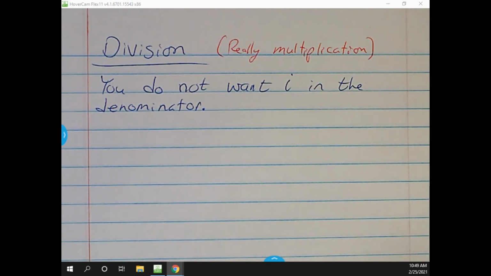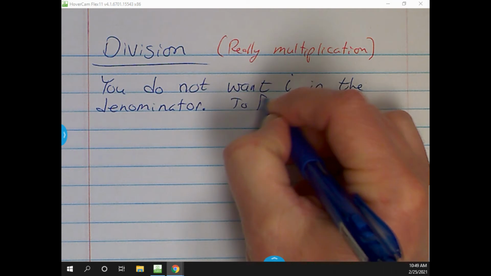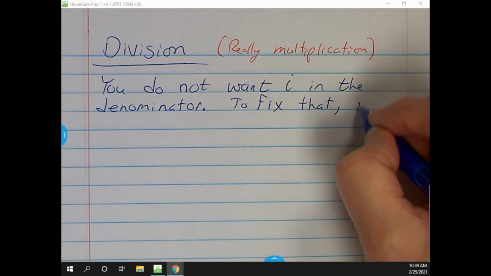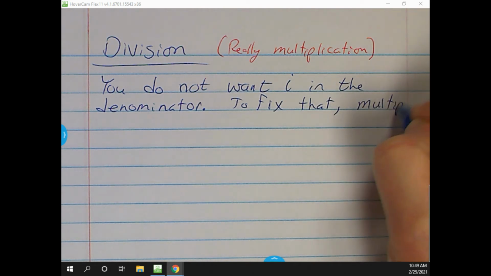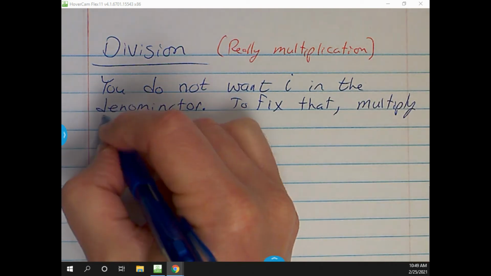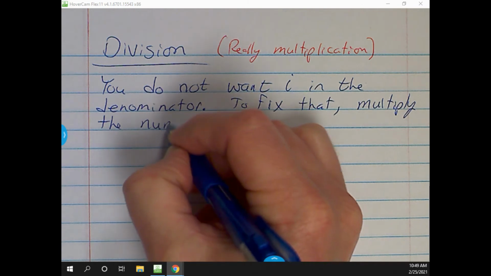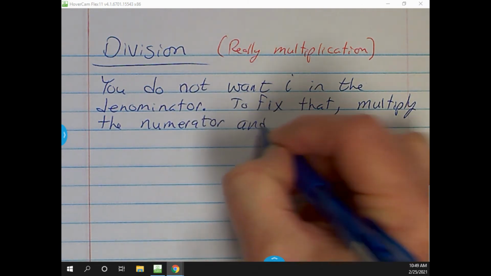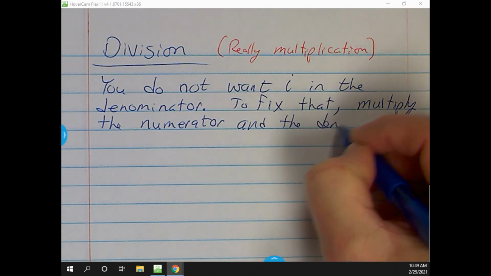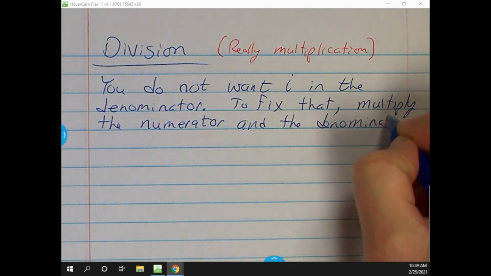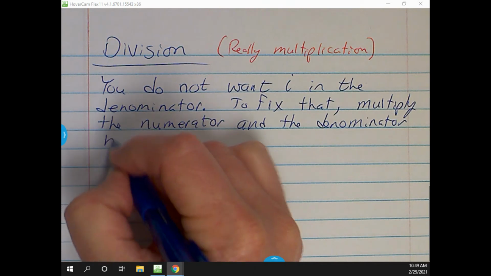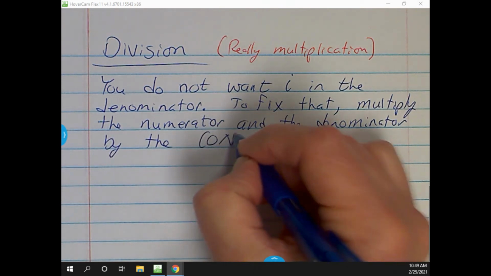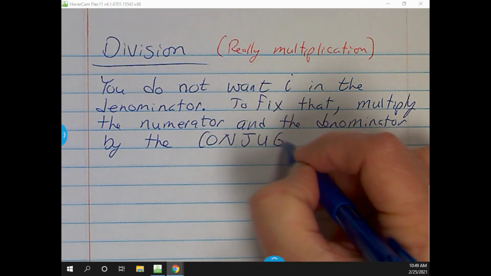Okay, and to fix that, we're going to multiply the numerator and the denominator by the, here's a new word we're going to talk about that you may or may not have heard before.